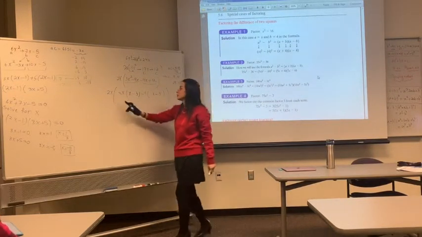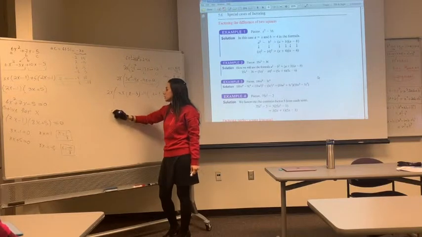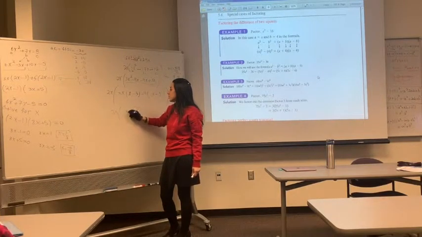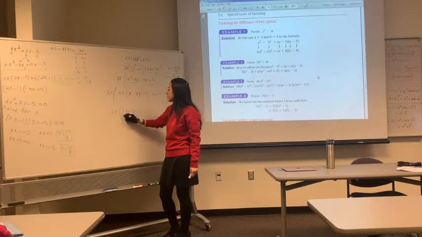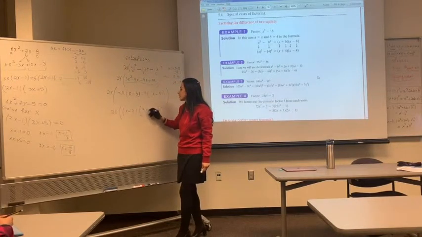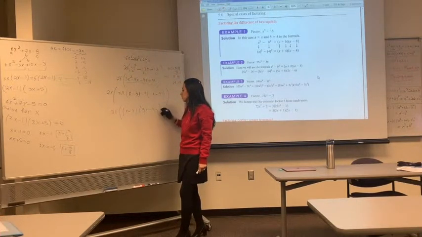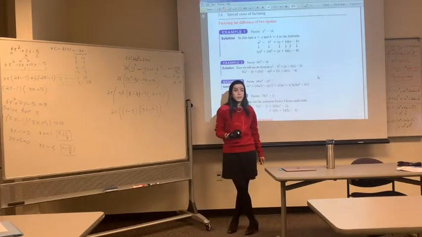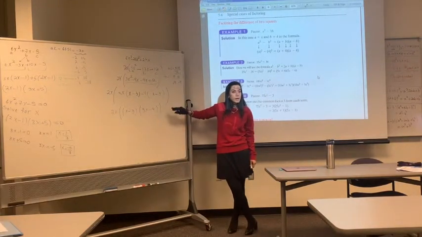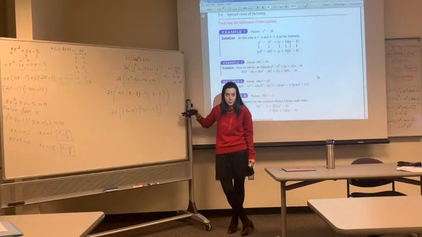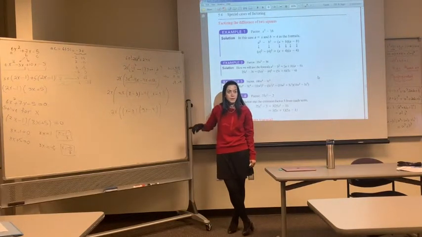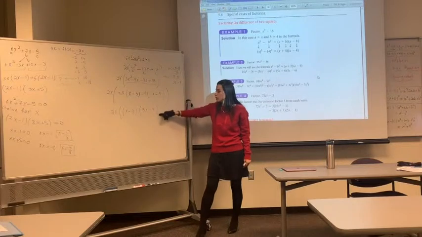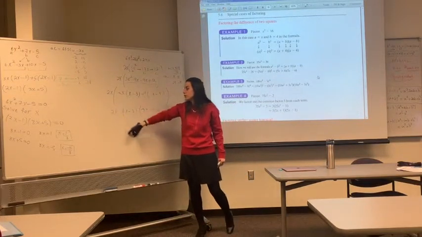So between these two, let's keep this. X minus 3 is common. 3x minus 4 common. Okay? So now, because all of them are multiplying, I can remove this parenthesis here and here, right?